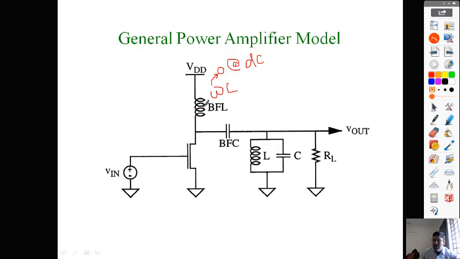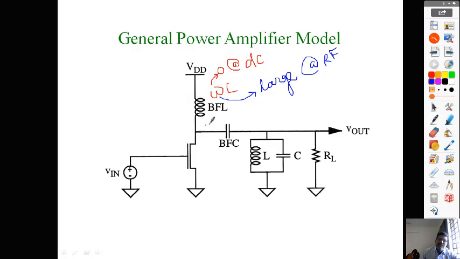Whereas at the RF frequency or at the microwave frequency, the omega is large enough. Since omega is a very large quantity at RF, the product omega L is a large quantity.